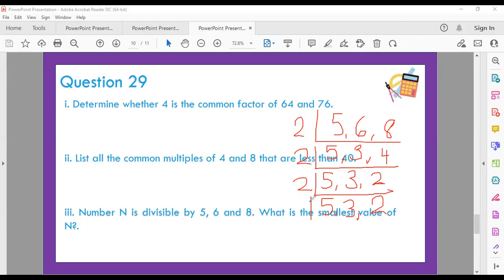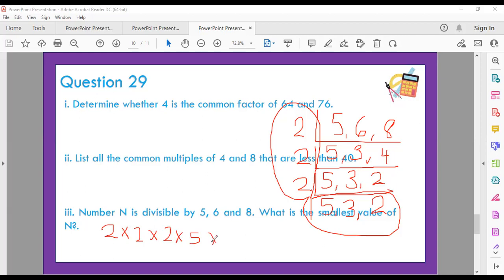This is the last ones. So all these factors on the side will multiply with all these factors as well. So 2 times 2 times 2 times 5 times 3 times 2. Did I get it right? 2 times 2. Oh, this is 1 already, kan?